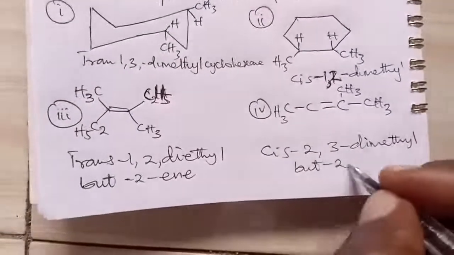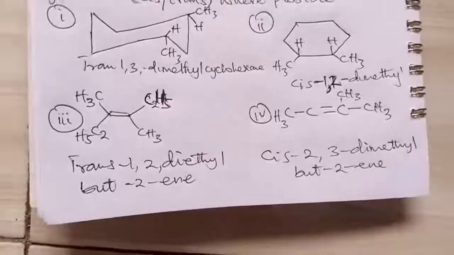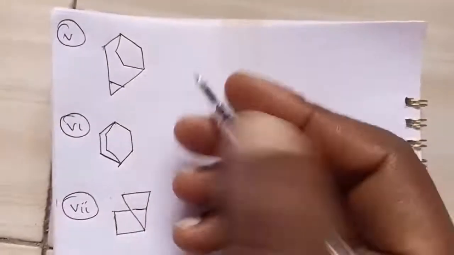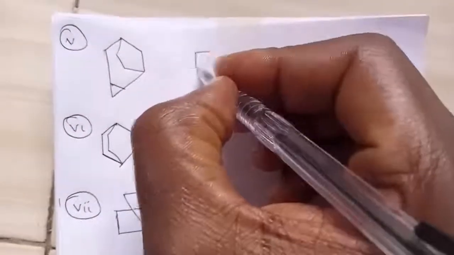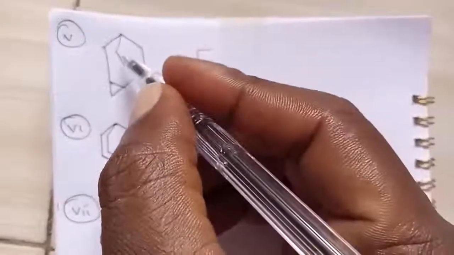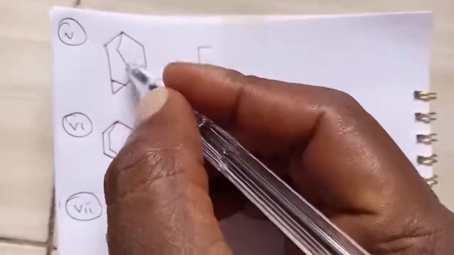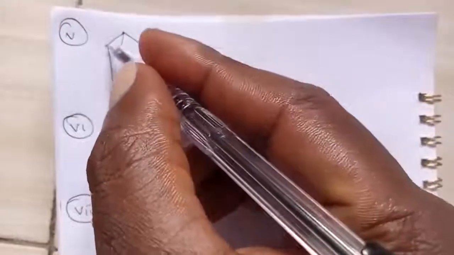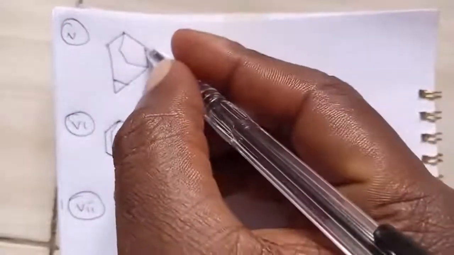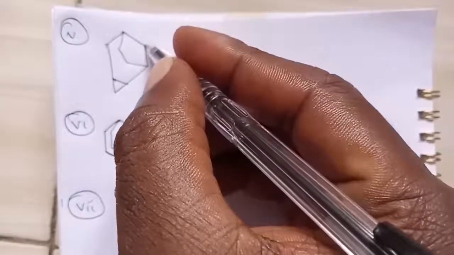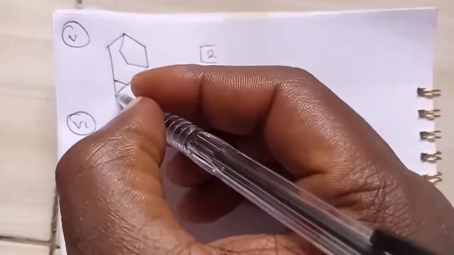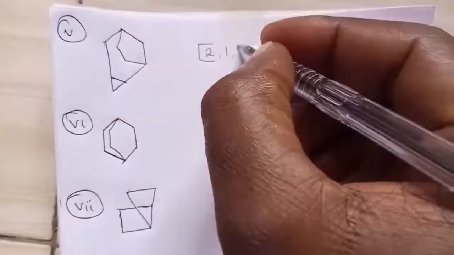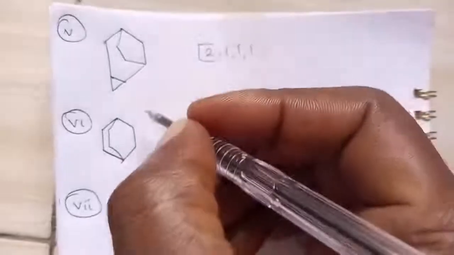So for us to name these ones, we begin with counting the bridges that didn't touch any junction. These are 2 bridges here, they didn't touch any junction, so we say 2. So we also have 1 here that didn't touch any junction. We have another 1 here, and another 1 here. So 1 1 1, and that's all.